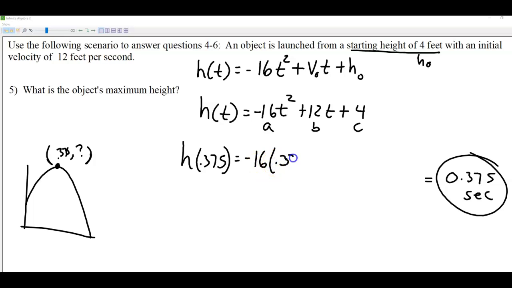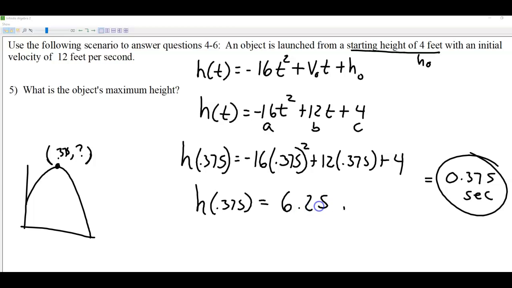So if it reaches its maximum height at 0.375, I just need to plug that in to find out what the height is at that point in time. And once again, this is a calculator question, so you're just going to type all that in and see what it gives you. And I get about 6.25 feet. Okay, so that's the answer, number 5.